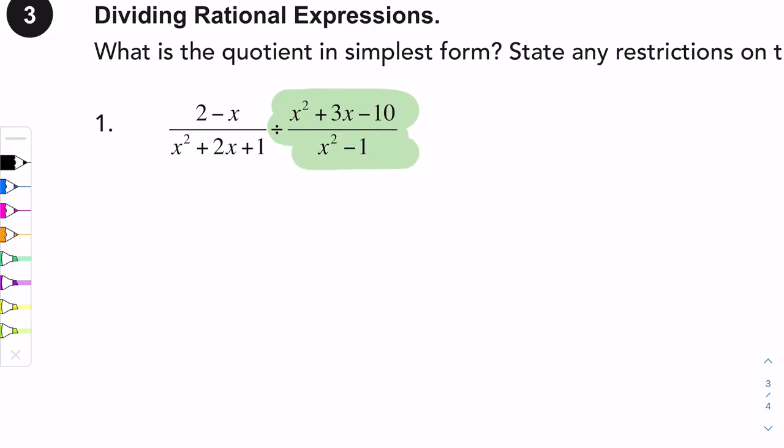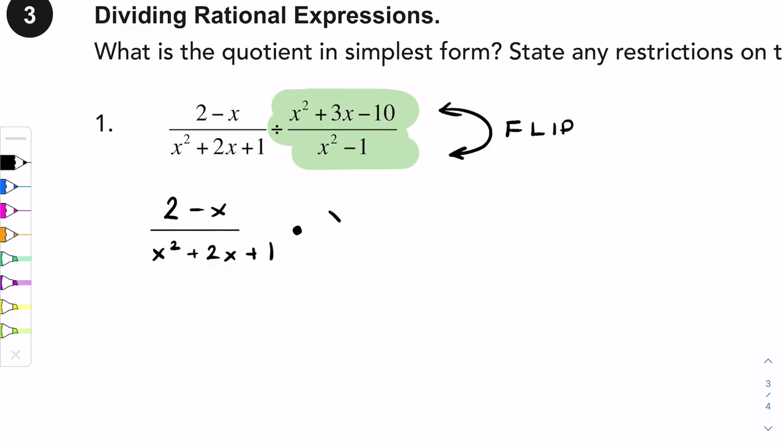We are going to rewrite this as (2 minus x) divided by (x squared plus 2x plus 1), multiplied by the flipped second fraction: (x squared minus 1) divided by (x squared plus 3x minus 10).